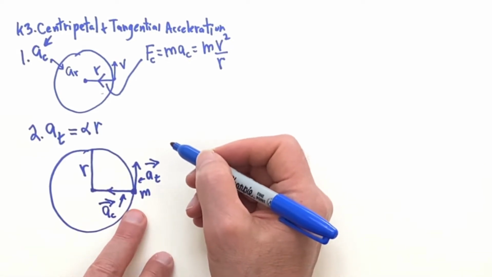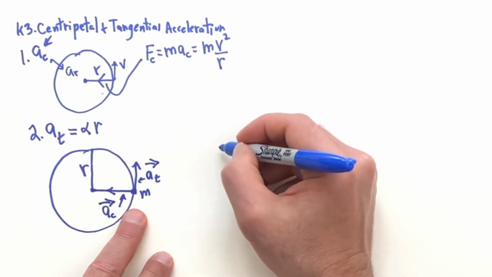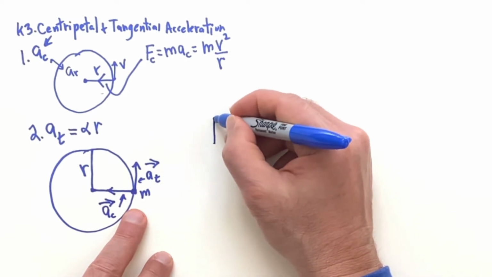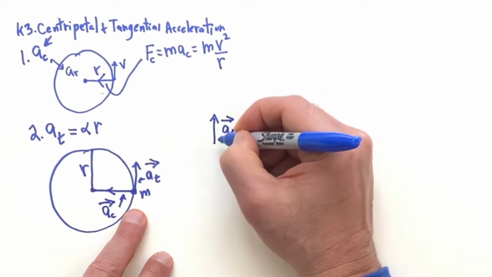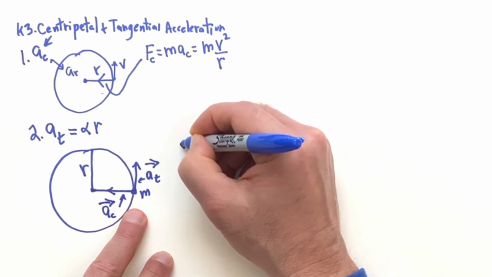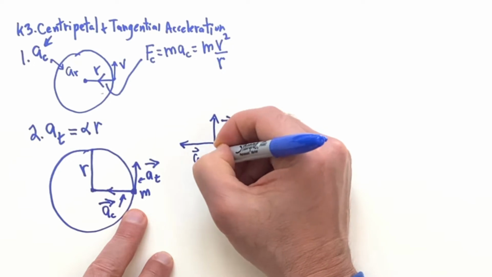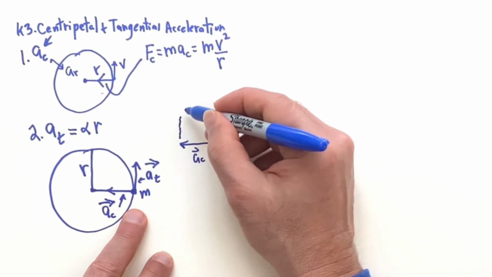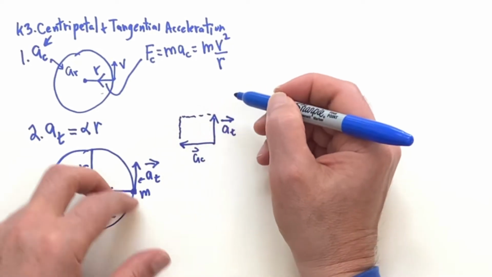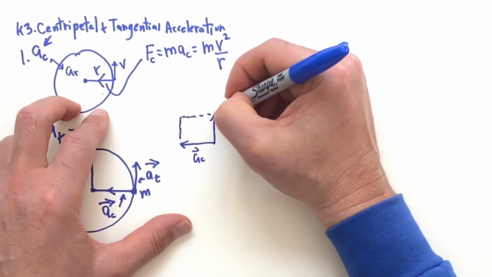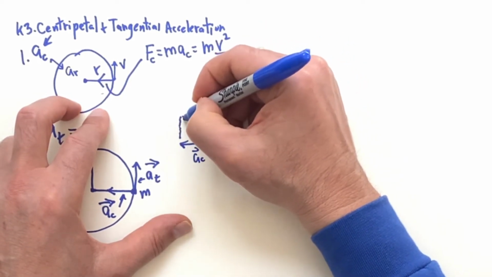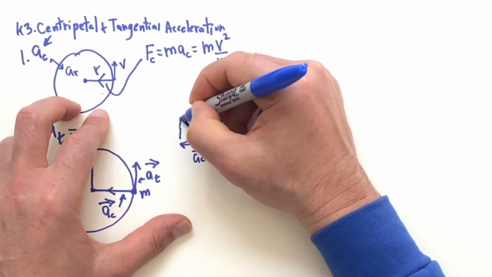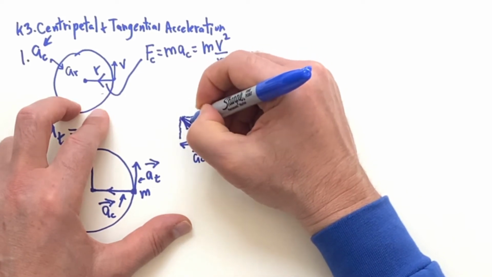Now the total acceleration, what you would do is add the two vectors. So if we have the tangential one going up like this, and we have here the centripetal one, if we draw a little rectangle there, if we add this vector, we go up, say, toward the north like that, and then we go to the west, the total vector would be this one here.